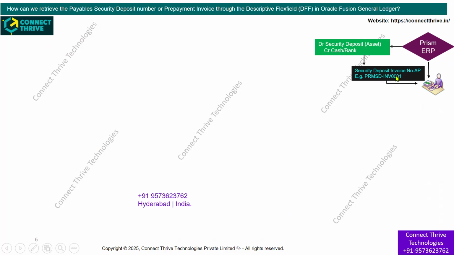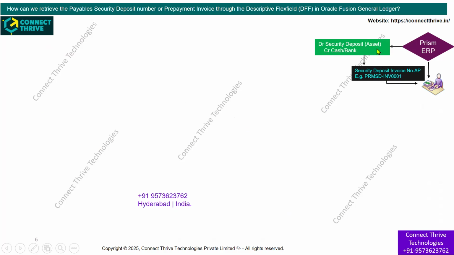It's a security deposit invoice number, that means our prepayment invoice number, which will be generated in our third party application. And one more thing, this entry I just take as an example, for our explanation purpose. In real time or exact context, it may be the same or it may be different, but it is used only for this example purpose.